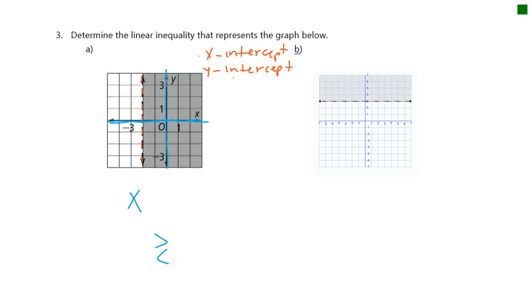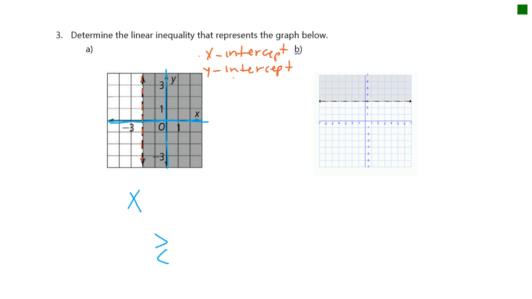When we shade for x, you go right and left. When you go to the right, you're going towards the positive numbers. So that means that you're going greater. You're increasing. That means bigger. If you go to the left, you go into the negative numbers. That means that it's going down. Okay, so it's less.